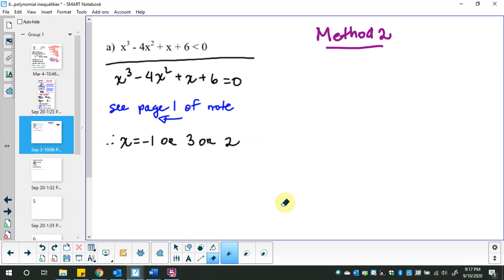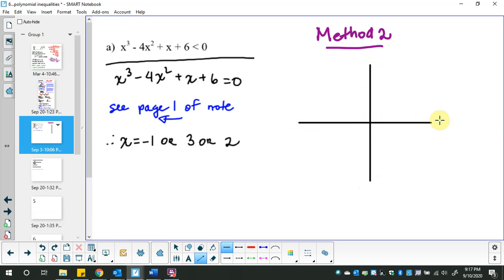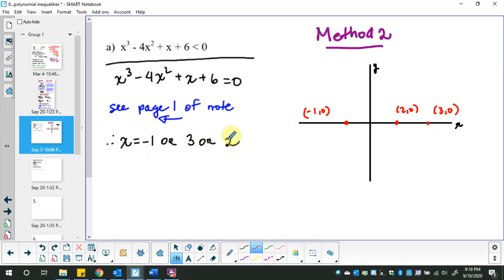So with the information that we've got so far, I should be able to put on paper, this is the y-axis and this is the x-axis, and I've got an x-intercept of 1, another x-intercept of 2, and another x-intercept of 3, and there's no double roots and there's no points of inflection. They're all just order 1s, and I'm going to change that into x-intercepts.